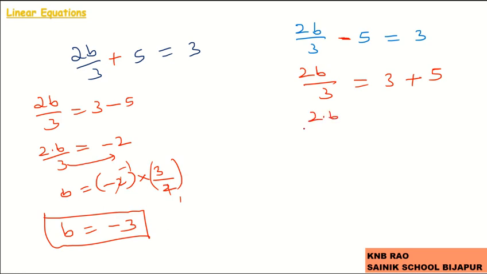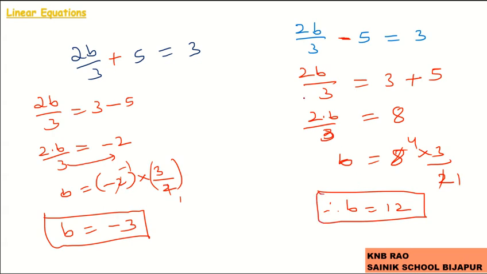So 2 into b by 3 results in 3 plus 5, which is 8. Now this 3, the divisor, if it comes this side, multiplies, and this 2, which is multiplying here, if it comes this side, becomes the divisor. Therefore b equals, on simplification, 2 fours are 8, 8 threes are 24 over 2, so b equals 12 is the solution of this equation. So it depends on what you will consider. There is a printing error that you can rectify by taking either the plus sign or the minus sign.